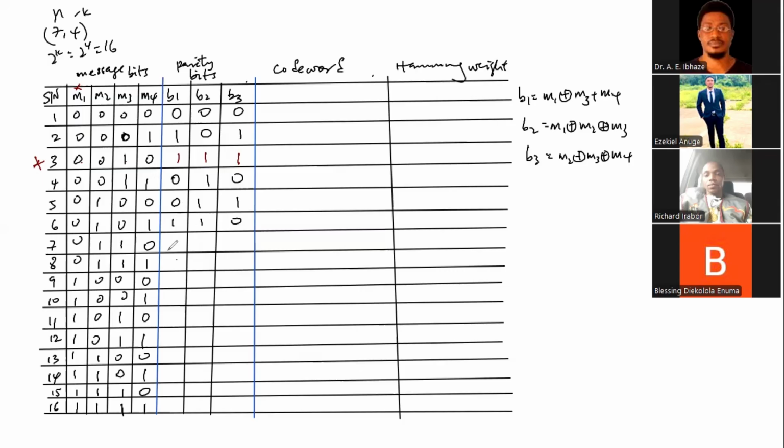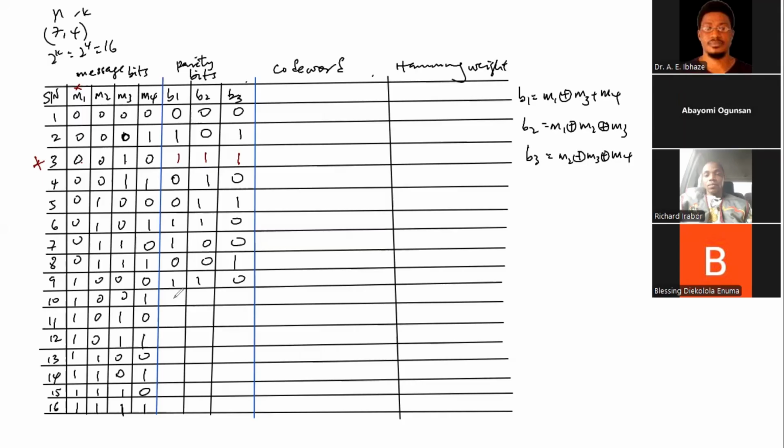Okay, so how about for the 7th position? So that will be 1, 0, 0. Then for the 8th position, that will be 0, 0, 1. For the 9th position, 1, 1, 0.